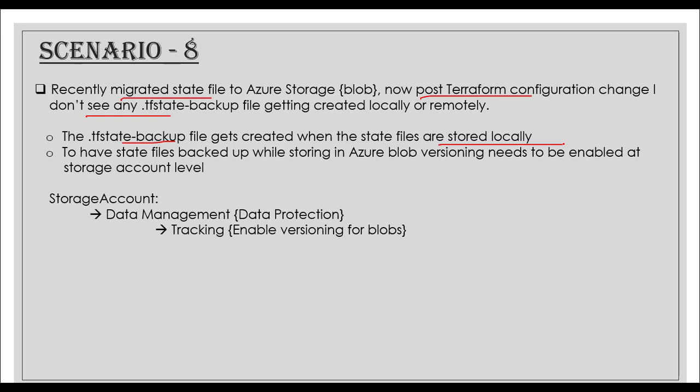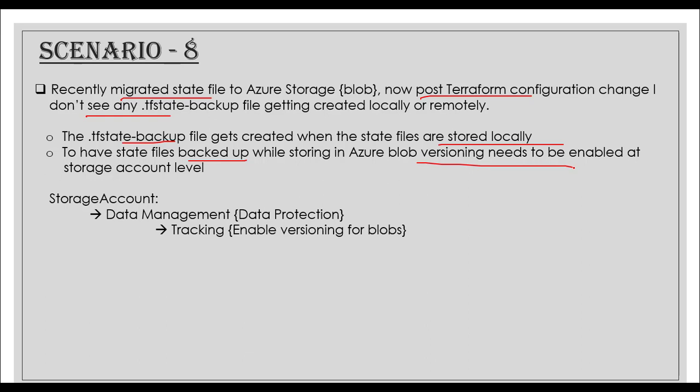But when you start storing things in your backend on cloud, this TF state backup concept is not there. In such cases, to store the backup files while using Azure blob, you need to enable versioning.